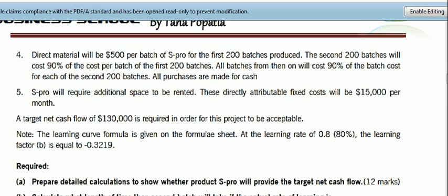Requirement number A. It says prepare detailed calculations to show whether product S-Pro will provide the target net cash flows. So we basically have to compute the net cash flows of the company. Let us first try to identify where these target net cash flows are. If you see below point number 5, our target net cash flow of 130,000 is required in order for this project to be acceptable.